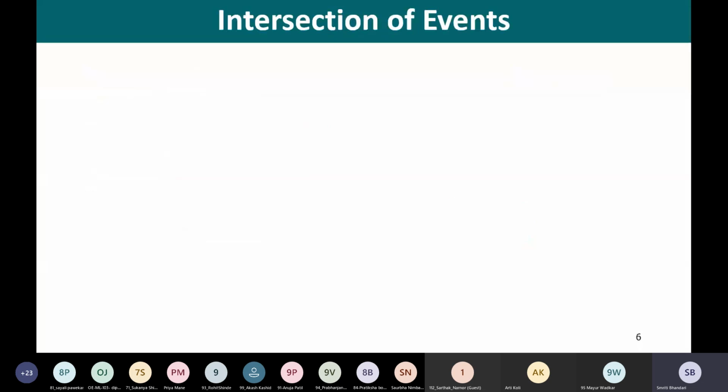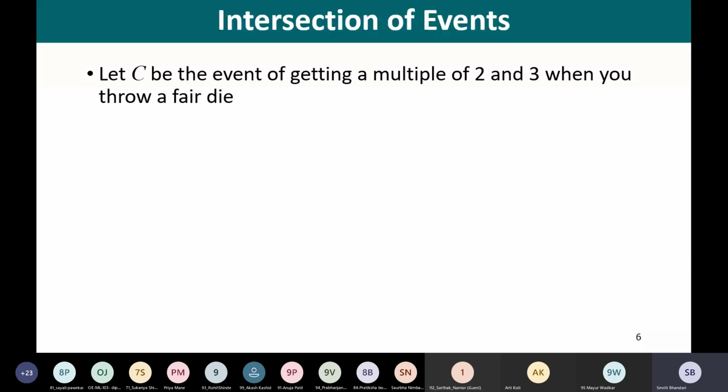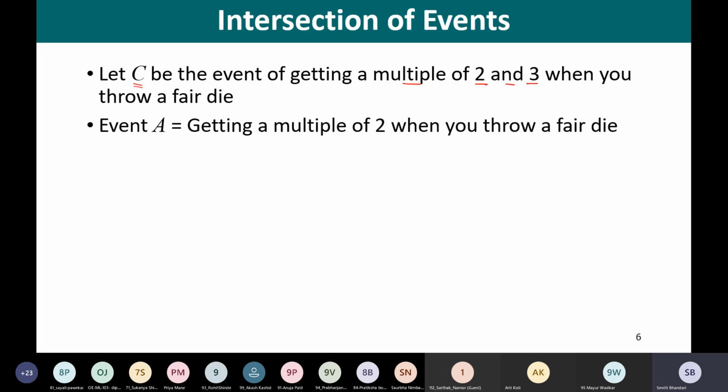Now, let's proceed with intersection of events. Let's assume that C is an event of getting a multiple of 2 and 3 when we throw a fair die.